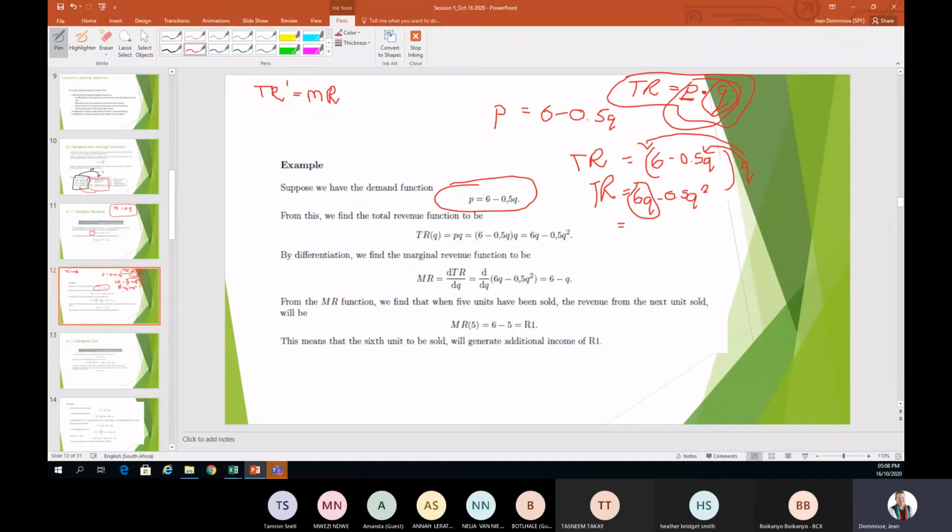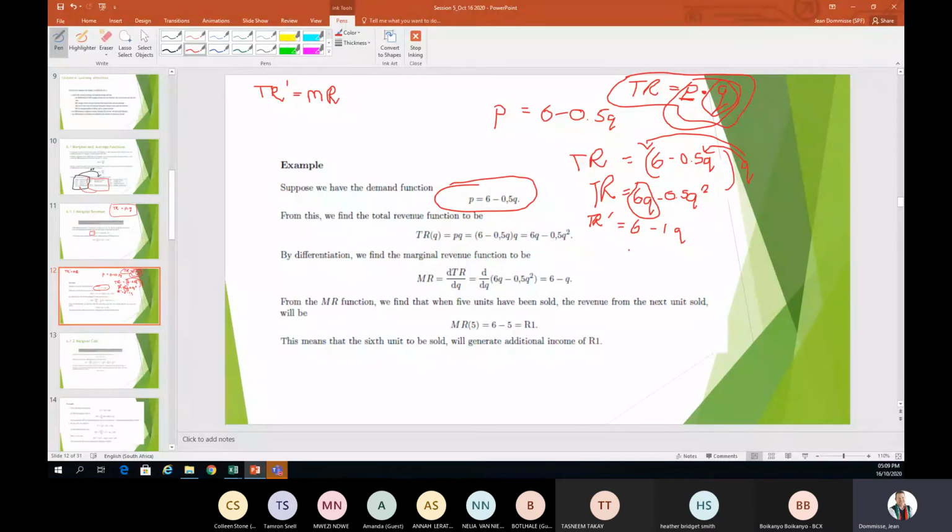If that was 6x, it would have been just 6. So to differentiate that, it becomes 6. Remember, the power goes to the front, so 0.5 times 2 is 1. Then Q to the power of 2 minus 1 is 1.